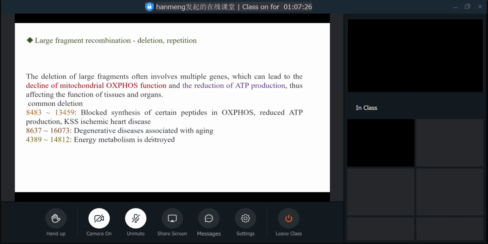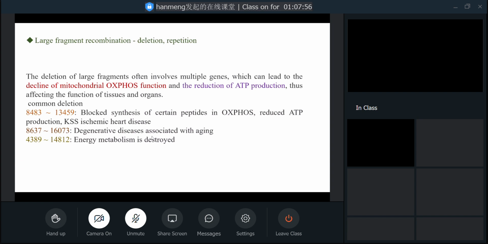Next type is the large fragment recombination. It includes the deletion and repetition. The deletion of large fragments often involves multiple genes, which can lead to the decline of mitochondrial function and the reduction of ATP production, thus affecting the function of the tissues and organs.